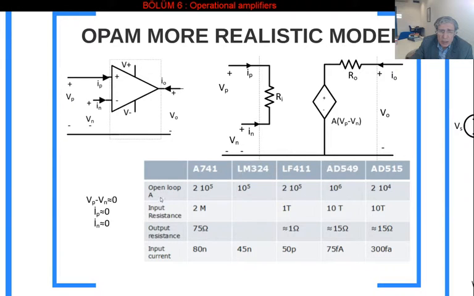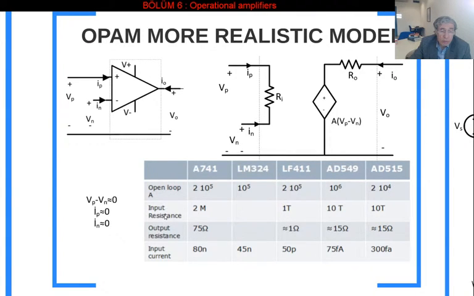These are some practical operational amplifiers, each column for a different manufacturer's operational amplifier available, and you can buy them in the market. And these are the parameter values of these operational amplifiers. As we already saw, the open loop gain A is in the range of 100,000, 200,000, 1 million and 20,000.